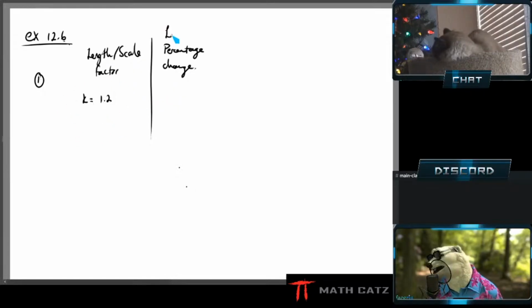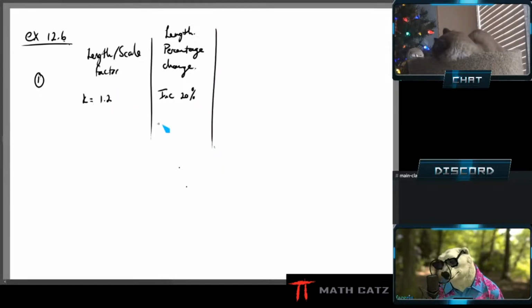I'll say here the length dimension percentage change will be an increase by 20%, right? So I'm looking at how I travel in this factor from my base 1. I'm going up by 0.2. The percentage equivalent of 0.2 is 20%. Okay, so that is everything, pretty much, regarding the length dimension.